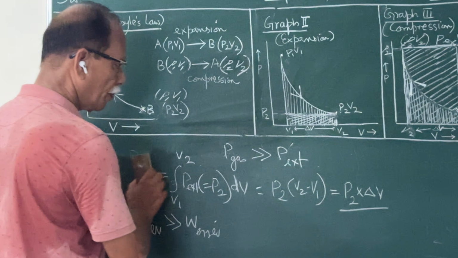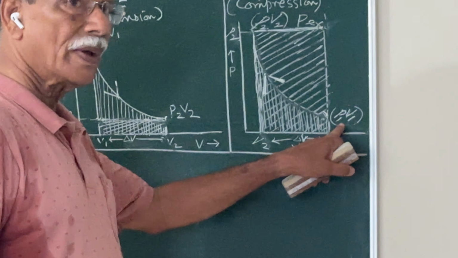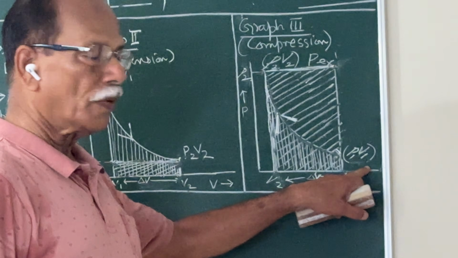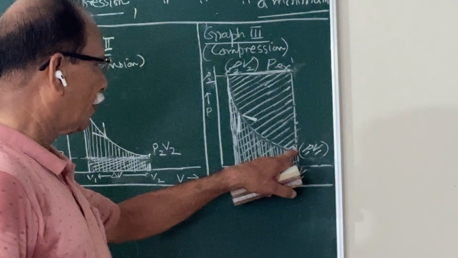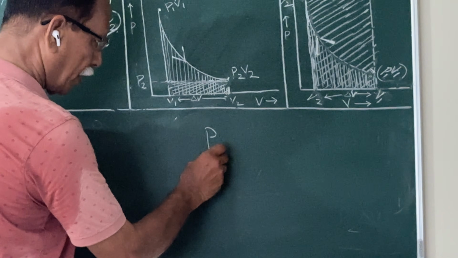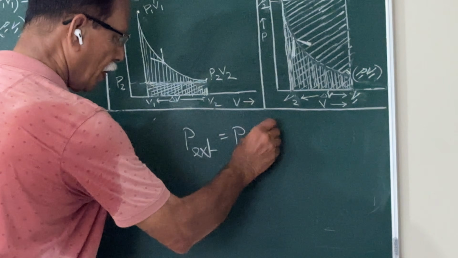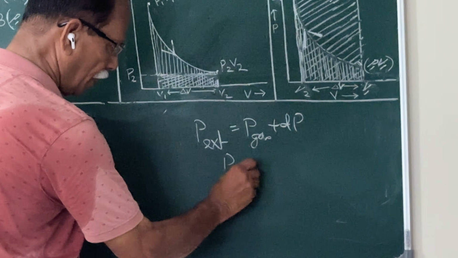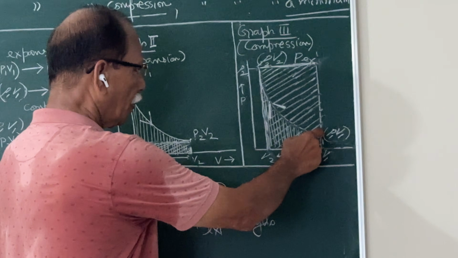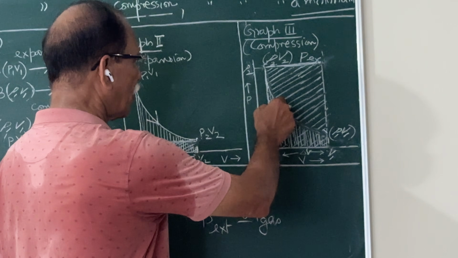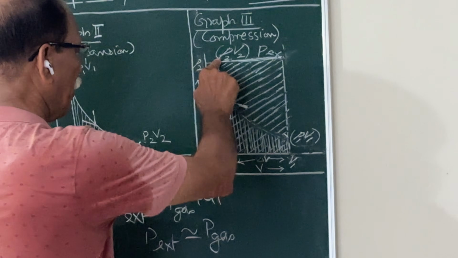Similar considerations apply to compression of the gas. For compression, the starting point is italics P1, V1. The volume is very large, pressure is very low. And for the reversible compression, the same condition, external pressure is now the driving force, equal to the pressure of the gas plus dP, or external pressure is almost the same as the pressure of the gas. During compression, the external pressure increases parallel to the pressure of the gas from the point P1 up to the point P2.